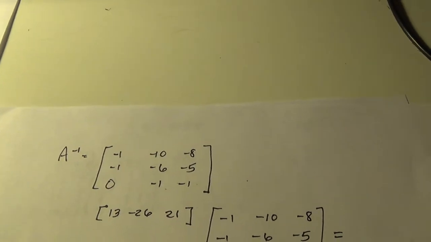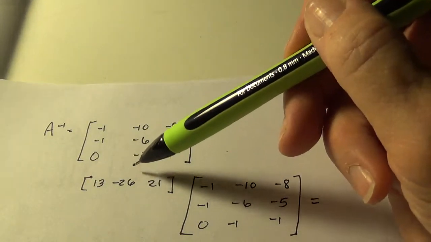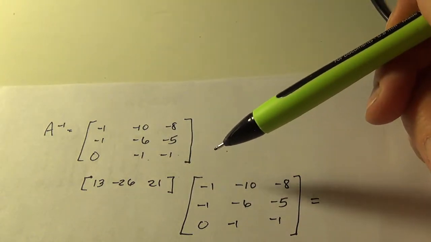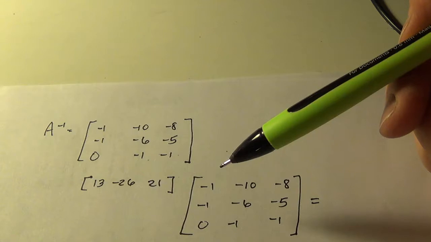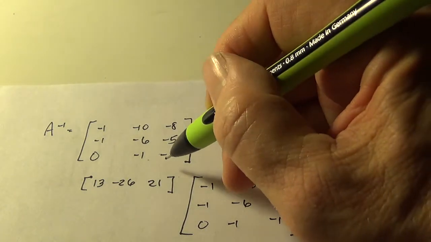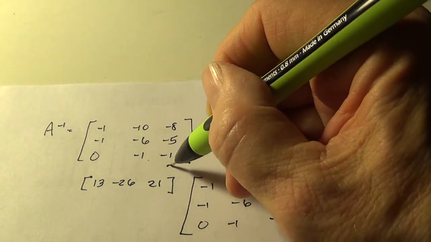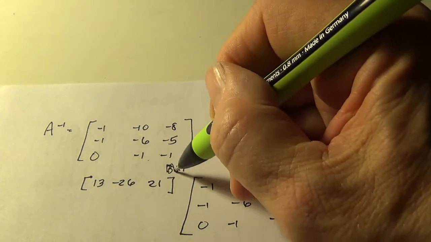I'm going to take the first 3 numbers in my code, 3, -26, 21, and multiply them times the inverse of my matrix A. This is 3 rows, 1 column, and, I'm sorry, it's the opposite.